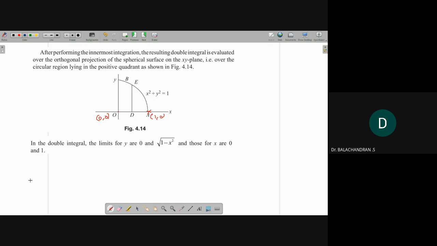I will write slowly. I is equal to integral x from 0 to 1, y from 0 to root of 1 minus x square, and z varies from 0 to root of 1 minus x square minus y square.